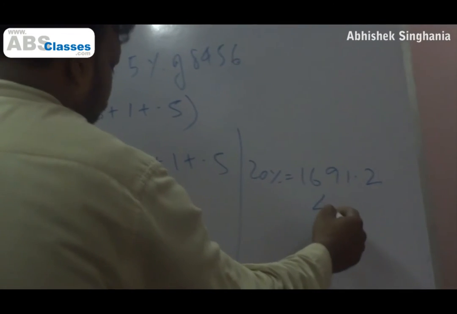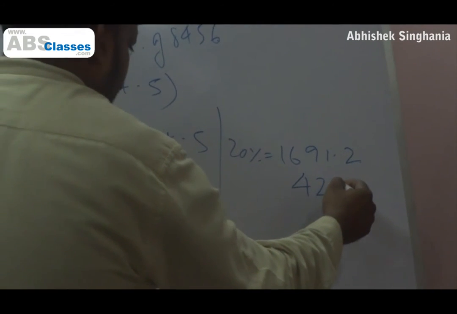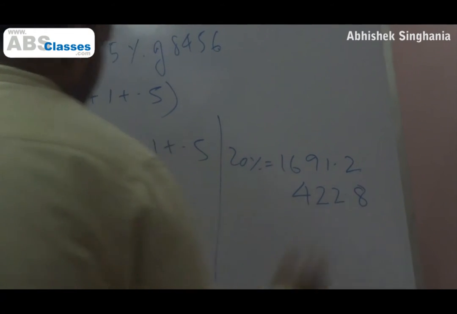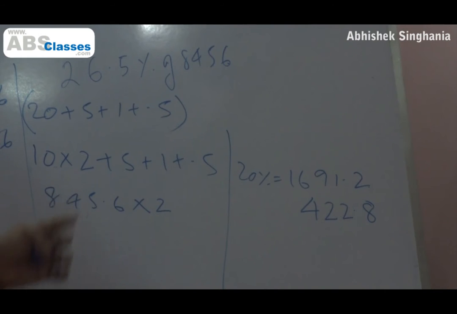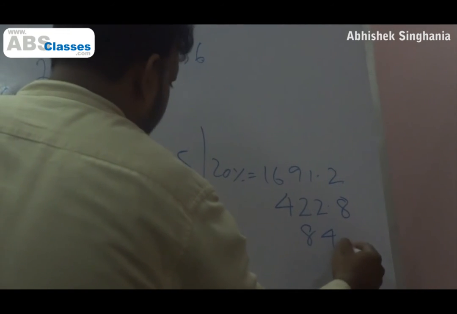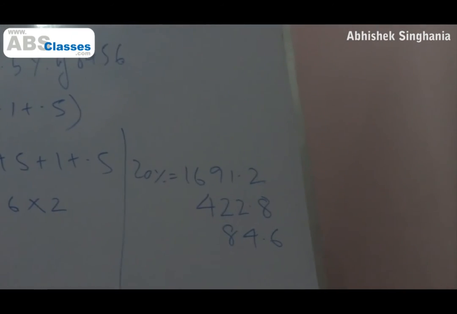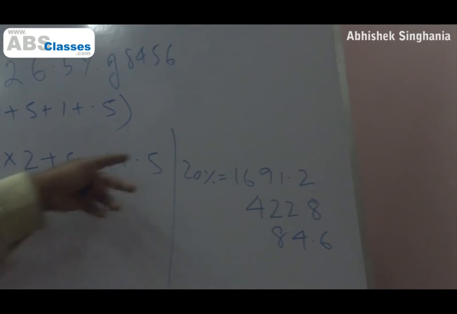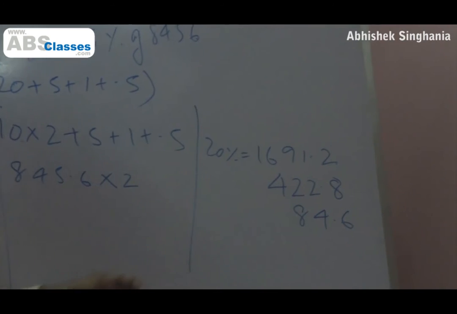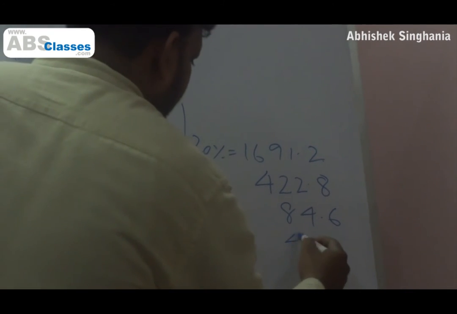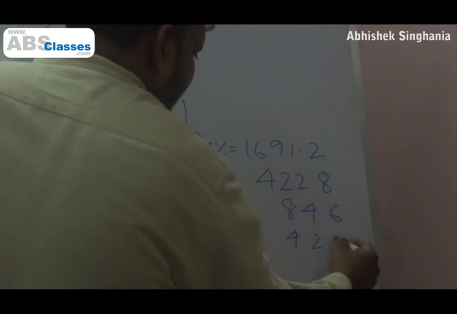So that will be 422.8. My 1% is the same as my 10%, only decimal point shifting. So 84.656, so I take it as 6.6. And 0.5% is the same as my 5%, only decimal point shifted. So 42.28, which I take as 3.